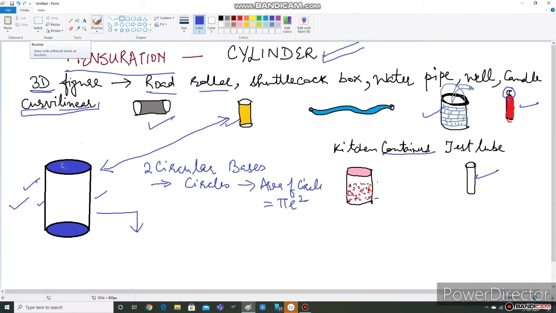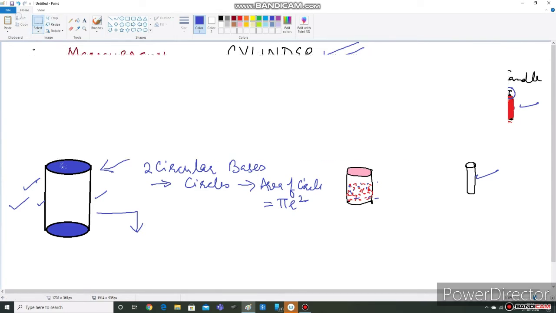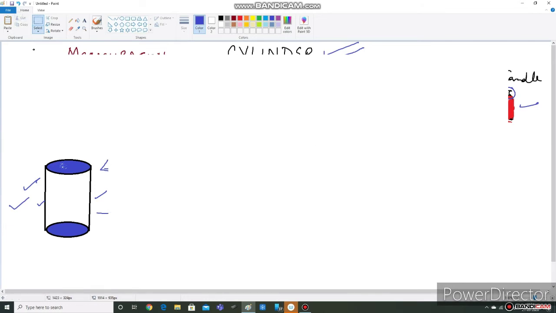Suppose I detach all the parts, then we will try to draw all those figures again. Just try to imagine, and that will give you the best idea about the cylinder. Wait, I will come back to this point, but first of all I want to show you.